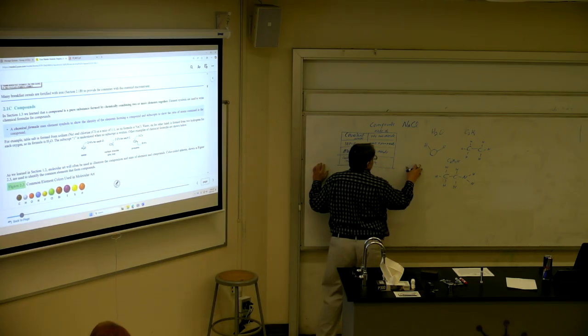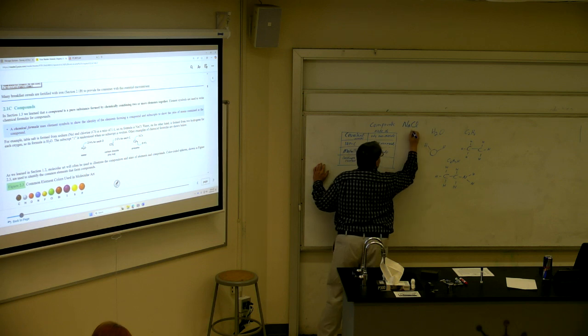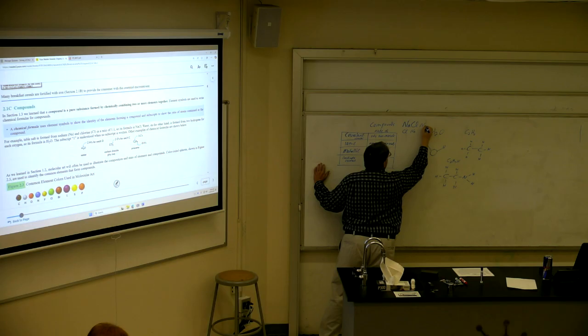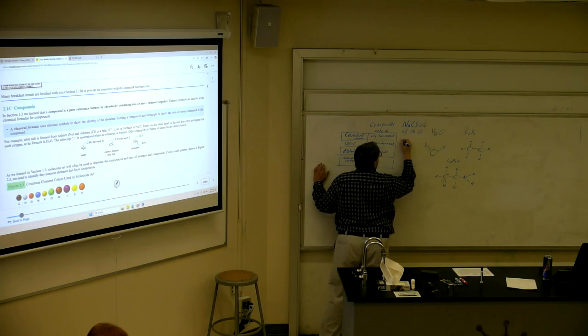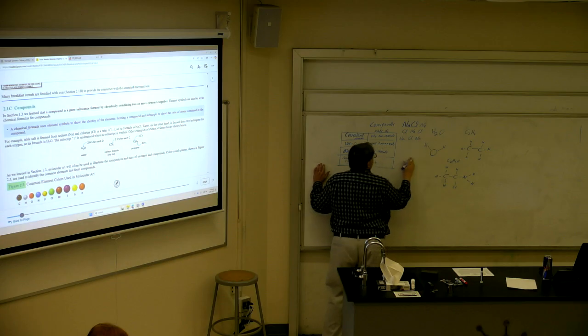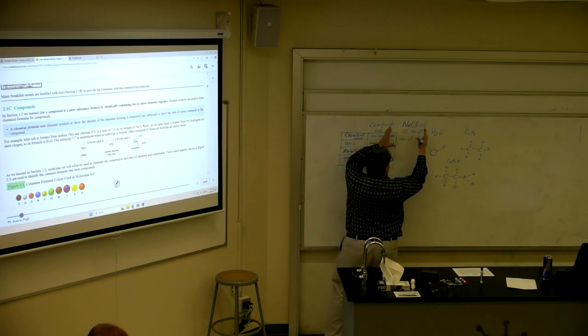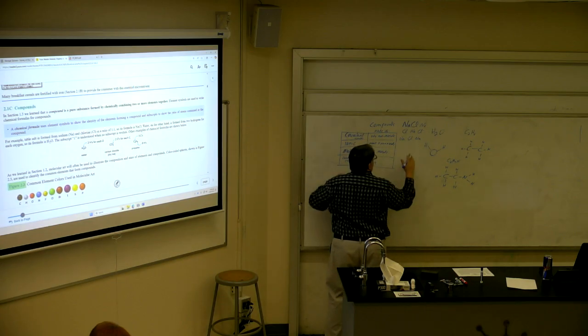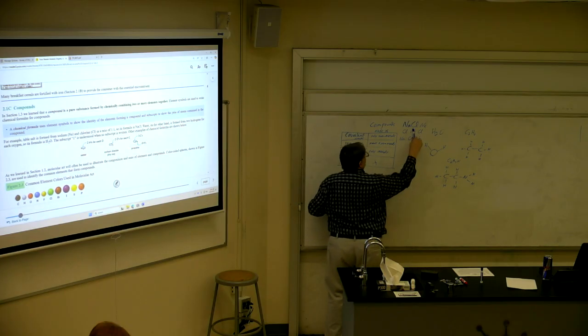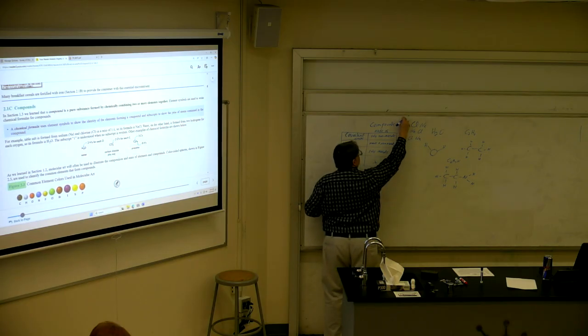Chlorine is a nonmetal, sodium is a metal. Ionic compounds aren't molecules. They really make up large, orderly arrays that sort of alternate. So you can see that as one sheet that I'm building out larger and larger.